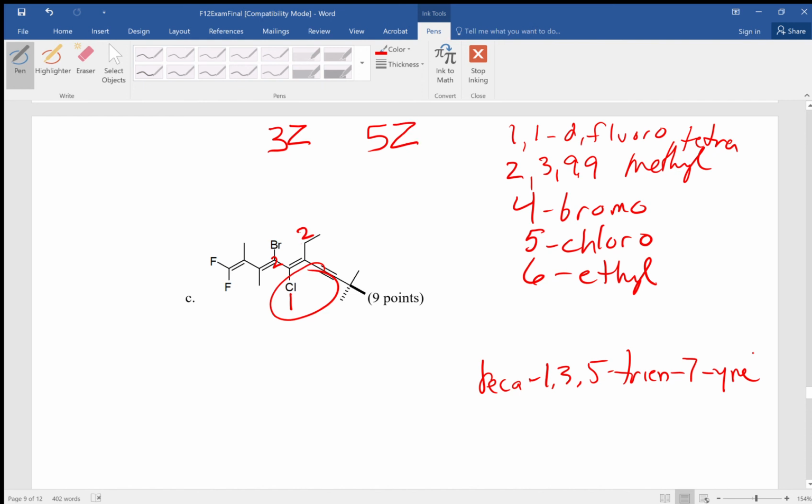So now we need to put all of this together. Any stereochemical descriptors go out in front, 3Z, 5Z.